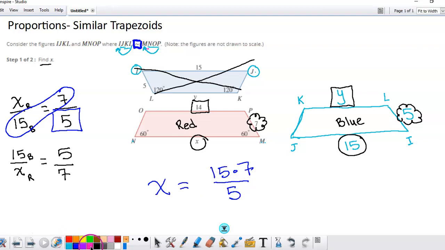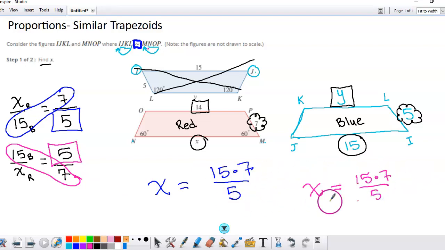We can look at this other one. We multiply the numbers diagonally opposite from each other, divide that answer by the number opposite your unknown. So again, x will be 15 times 7 divided by 5. Okay, you can see they're the same either way.